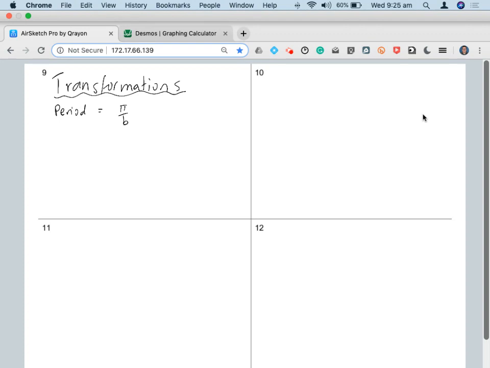Asymptotes. Now, if you remember the parent graph, the asymptotes were always in the middle of the period, effectively.